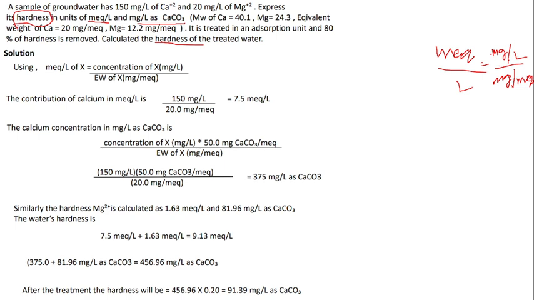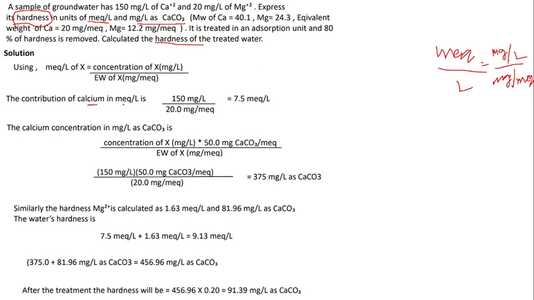Mg per liter is the concentration of the component, and mg per milli equivalent is the equivalent weight of the particular component. Both the concentration and the equivalent weight are given. You just divide the concentration by the equivalent weight to arrive at milli equivalent per liter.